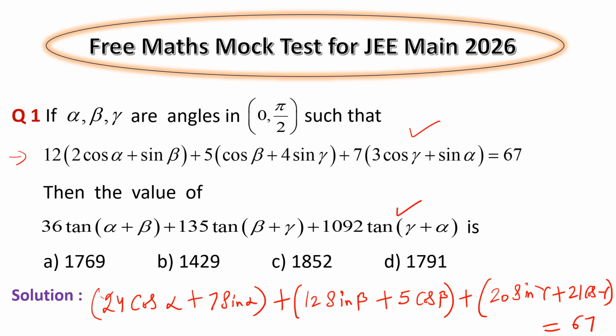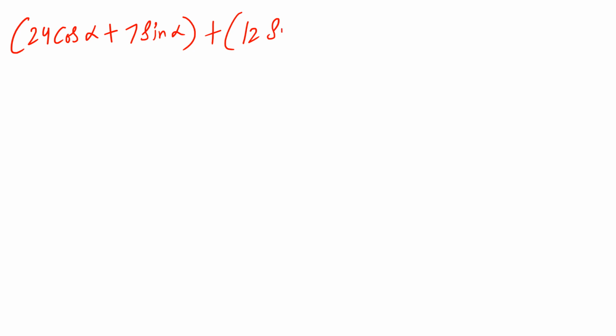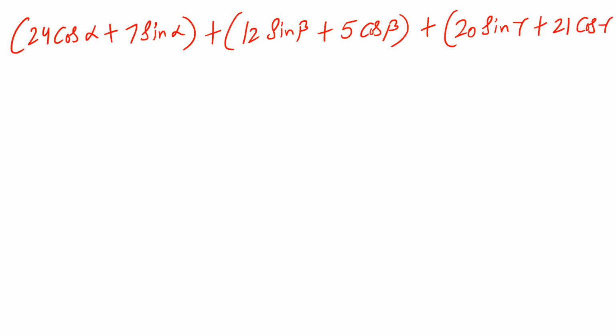Now students, we move further. Now we have 24 cos alpha plus 7 sine alpha plus 12 sine beta plus 5 cos beta plus 20 sine gamma plus 21 cos gamma equal to 67.